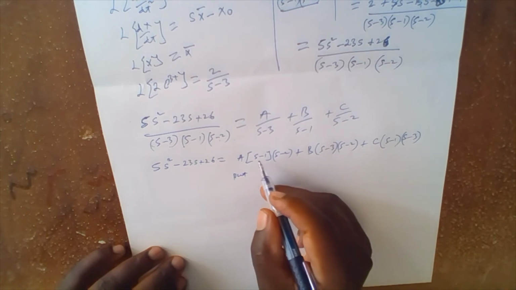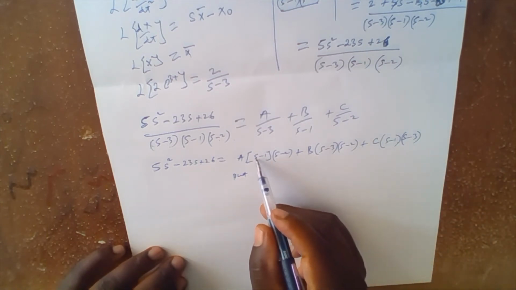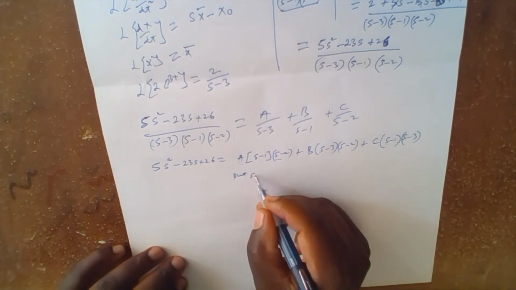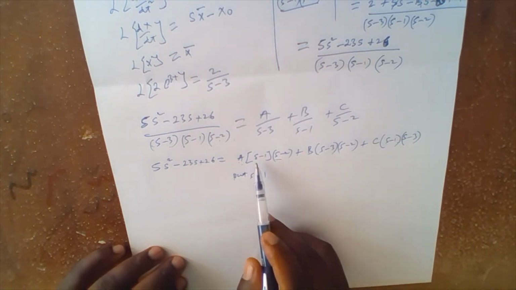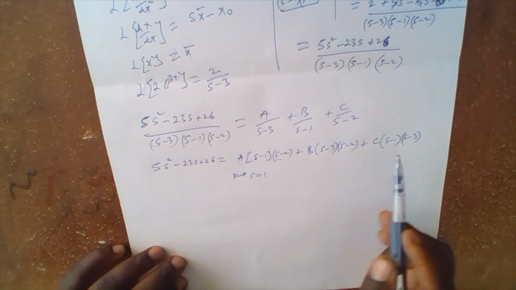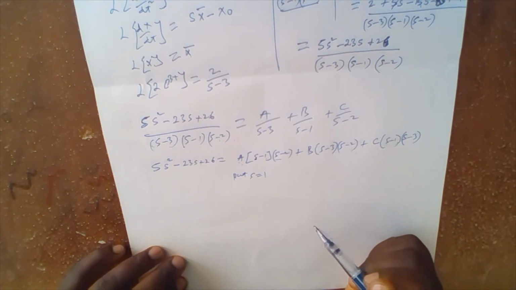Now we have s − 1, so if I want to eliminate this fraction and this one, I will put s equals 1. Therefore 1 − 1 is 0, this will be 0, and I remain with B alone.